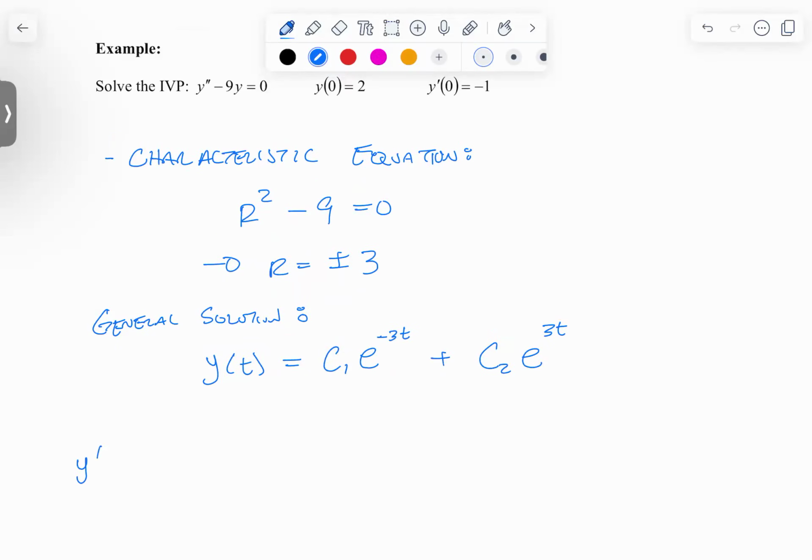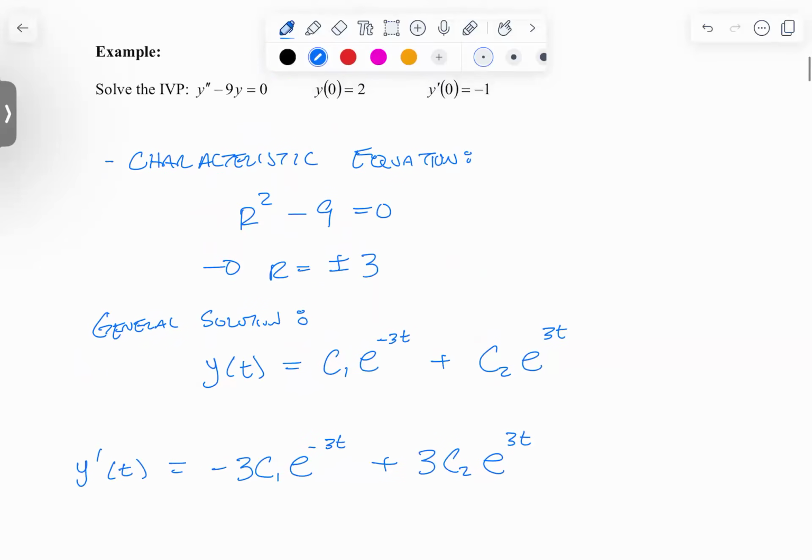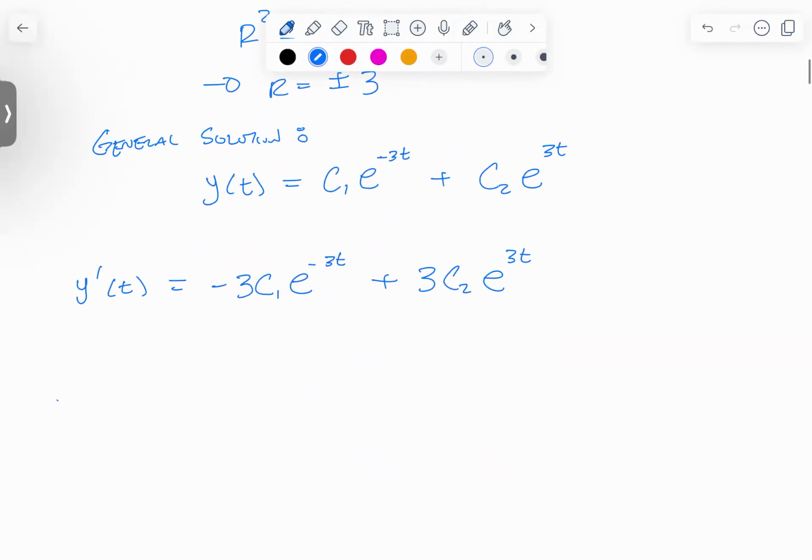In order to do the IVP, I need to take a derivative, and then I can set up my two IVPs.